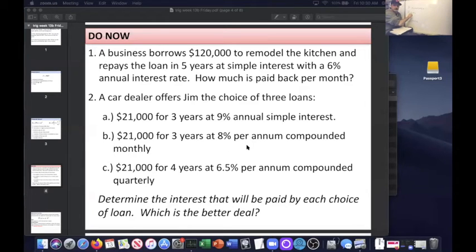Okay, so we take our 21,000, we create a growth factor per month. So that would be 1 plus the 0.08 divided by 12. And then in 3 years, there would be 3 times 12 months.